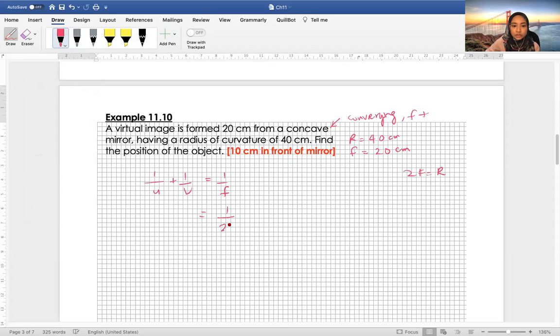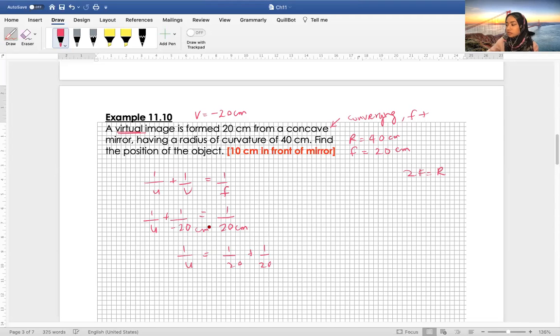So 1 over 20 centimeter. Virtual image, so virtual negative 20 centimeter. So this becomes 1 over minus 20, plus 1 over U. So find out what is U.